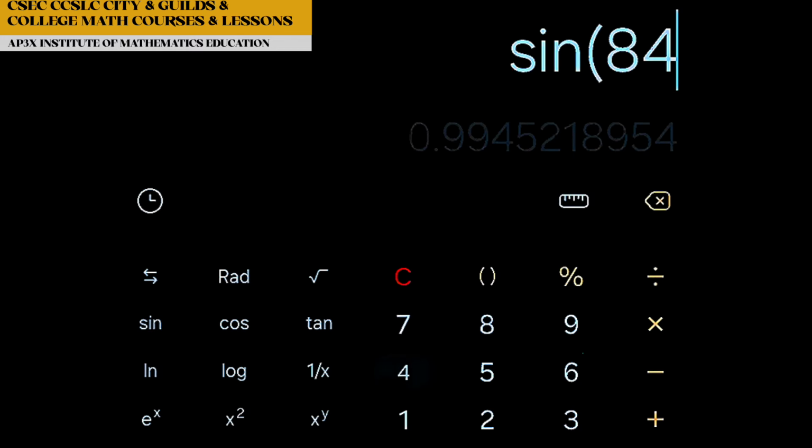All right. So if I go ahead then and I take the sine of 84 degrees, you should see that the answer for the sine of 84 is 0.994. Is there anyone else that's getting something other than 0.994? Please let me know.